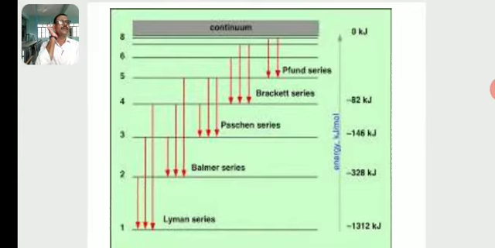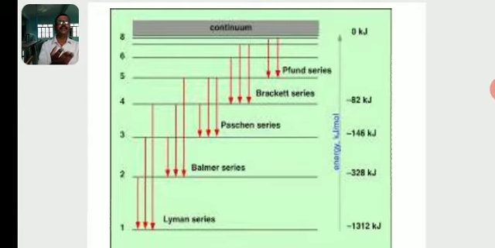The spectral lines in the hydrogen atom can be classified into 5 important series: Lyman series, Balmer series, Paschen series, Brackett series, Pfund series.